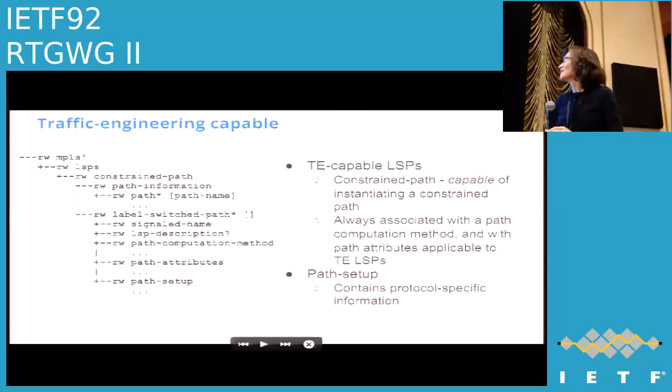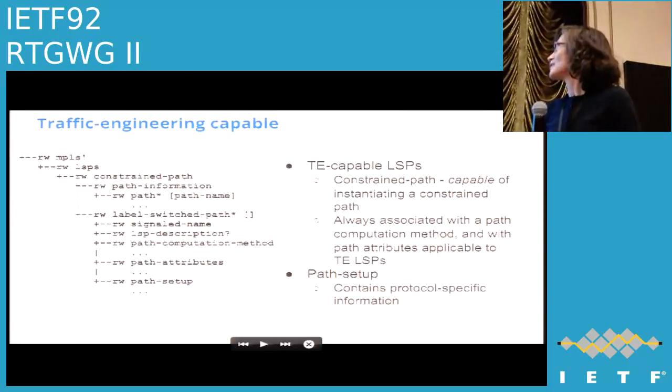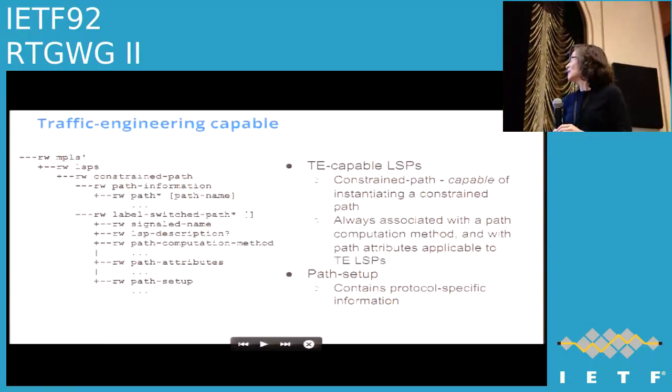The path setup contains protocol-specific information on how this is signaled. And for RSVP specifically, what this means is that setup and hold priority, for example, are going to be attributes that fall under the path setup specific section. Next, please.